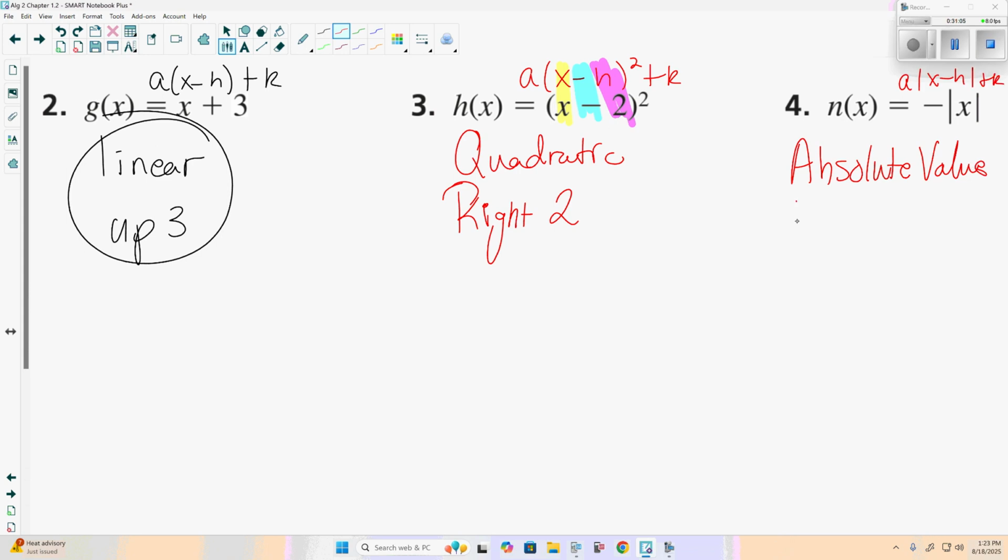Yes? So this has to be a what? Reflection across the x-axis. Because absolute value of the parent function would be a v-shape going up. Negative absolute value of x is now a v-shape going down, opening down.